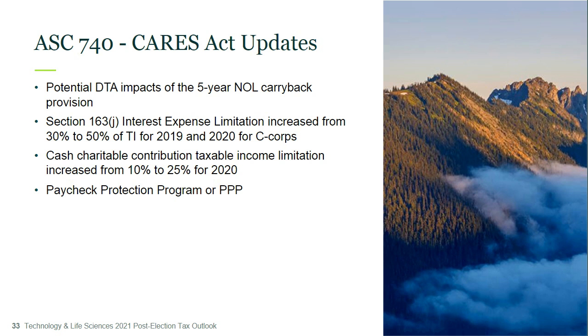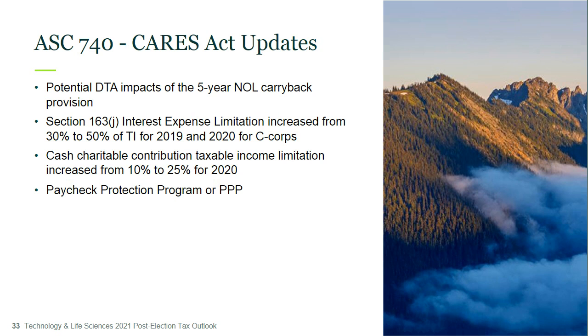For 2020, that means NOLs may be potentially carried back to 2015 through 2017, and as most of you know, the maximum federal tax rate pre-December 31st, 2017 was 35%. So if you have a federal NOL that can be carried back to a tax year with a 35% tax rate, it will be important that the company value these tax attributes at the previous federal tax rate when computing its deferred tax assets. If a carryback is available, it is also important to consider the impact on the company's valuation allowance, if there is one.